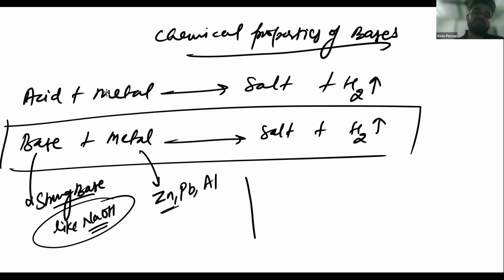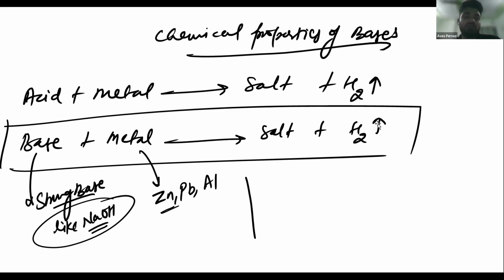Now you know acids when reacting with metals give you salt plus hydrogen gas. Dear students, are you listening? Acids when reacting with metals give you salt plus hydrogen gas. Similarly, bases when reacting with metals also give salt plus hydrogen gas.